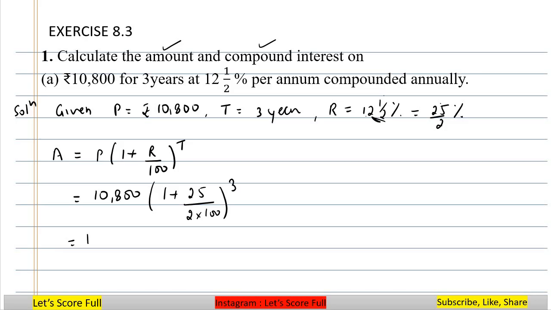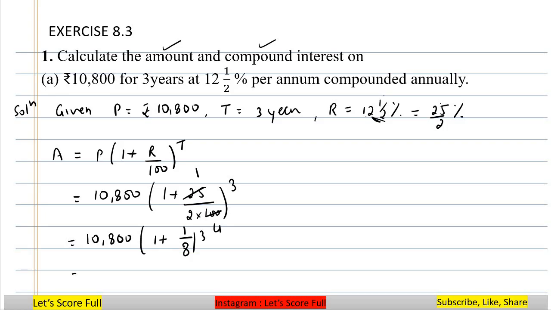From here we can simplify. So 10,800 as it is, 25 1s are 25, 4 25s are 100. It is 1 plus 1 over, here I have 2 and this is 4, 2 4s are 8, raised to 3.